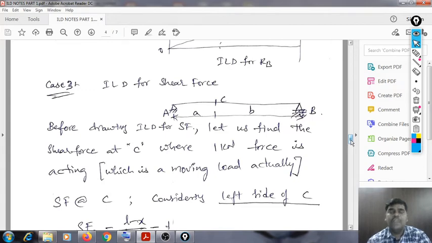If it is a numerical value, the shear force will be the same, as it is only alphabets and other things in the equation or expression. So we have to find shear force at C from left and also from right, and we have to draw the diagram.